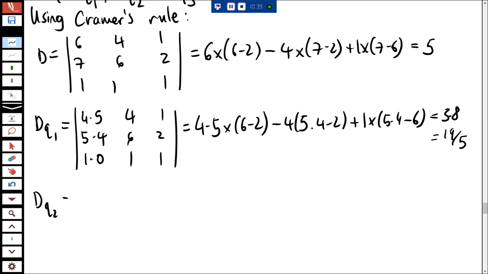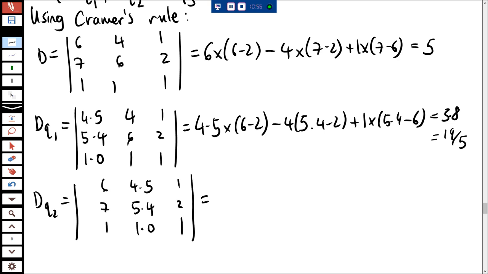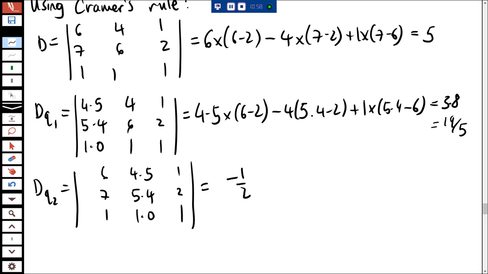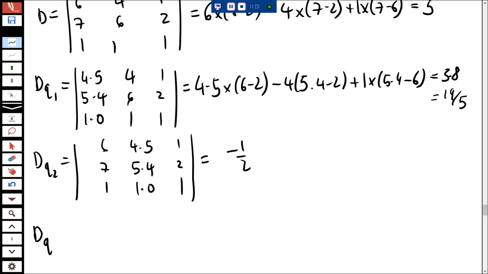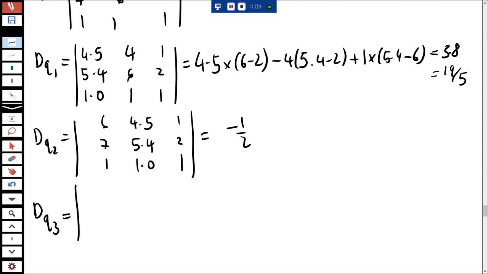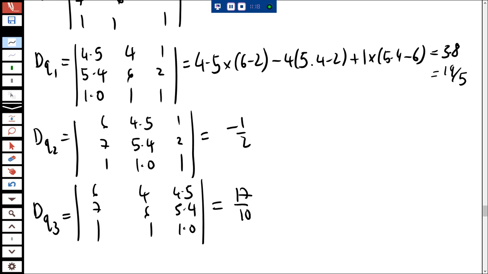Next, I'm going to replace the middle column, the Q2 column, with the right-hand side. The other columns stay the same as D. I'm getting a bit bored of writing those out. That's -1/2. Similarly, we replace the right-hand side numbers in the Q3 column, which gives 17/10.